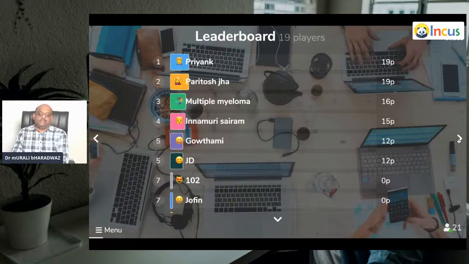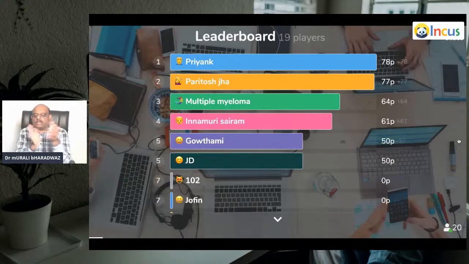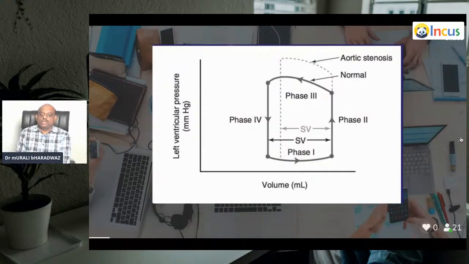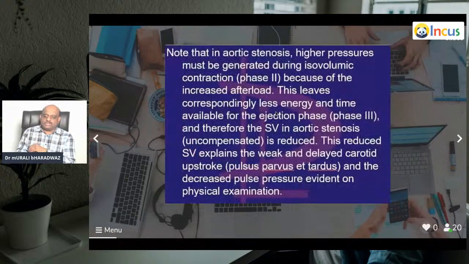So doctor, very good. Priyank is on the top with Paritosh, Sriram, Gautami, and many more. If you see the curve here, the phase 3 got constricted classically. That is a very important thing about the way you recognize an aortic stenosis.